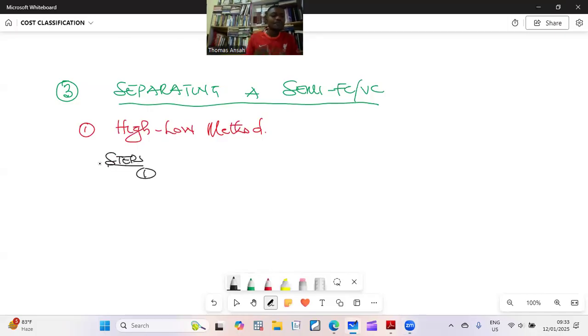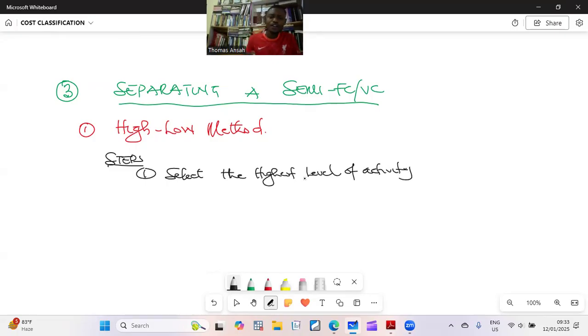Steps in doing the high-low method. Step one, find the highest level of the activity with its cost and find the lowest level of activity with its cost. Select the highest level of activity. I've explained level of activity, right? Production units.